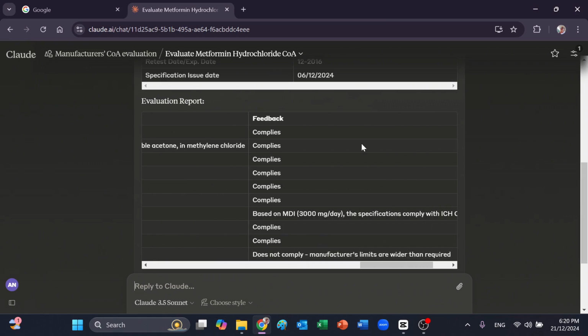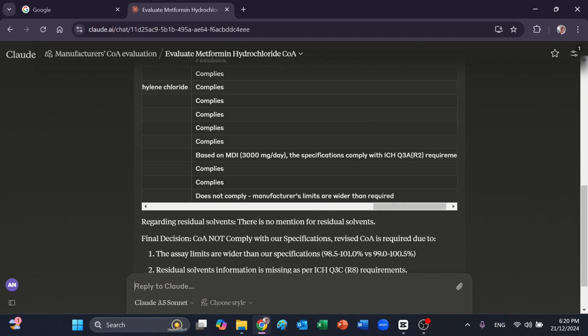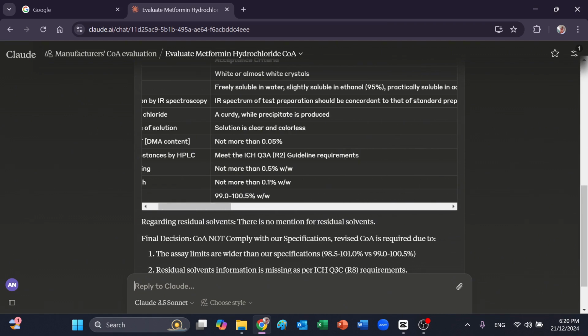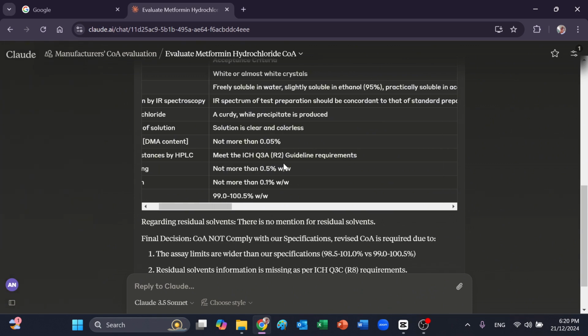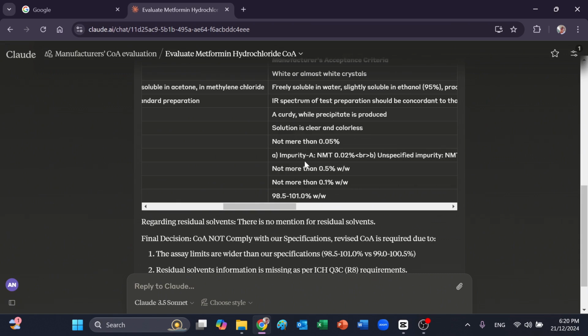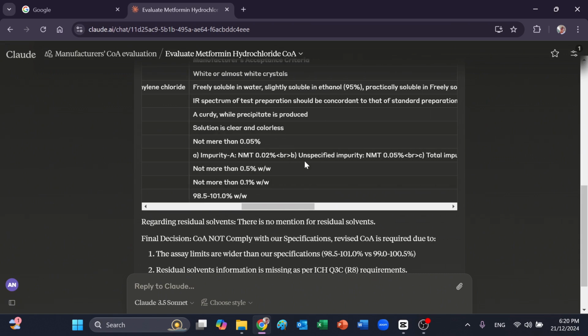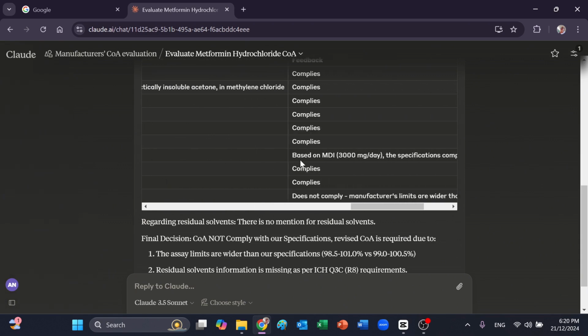Let's check, based on MDI, that is for related substance by HPLC. Our specification meets the ICH Q3A R2 guideline requirements.